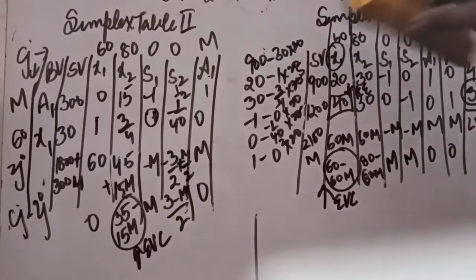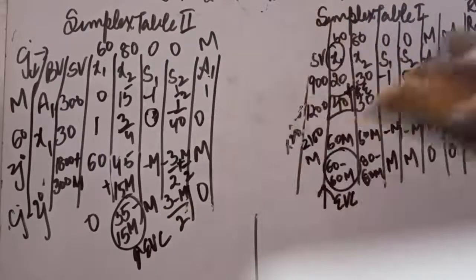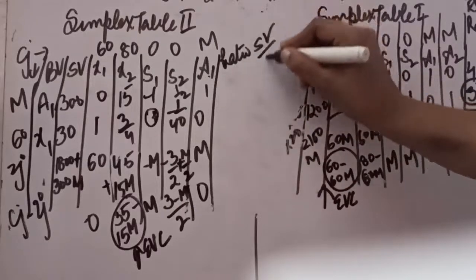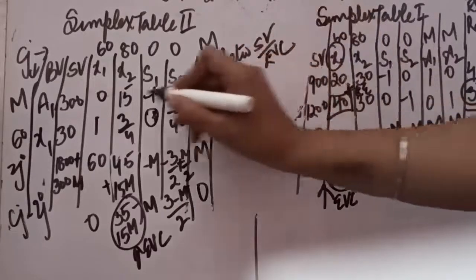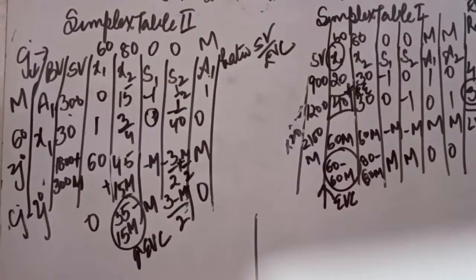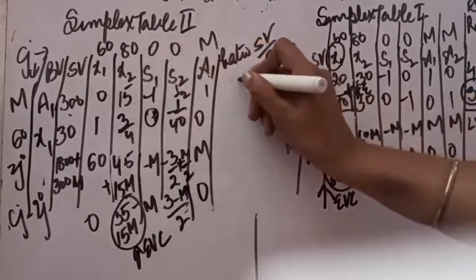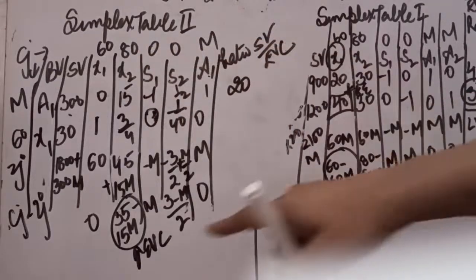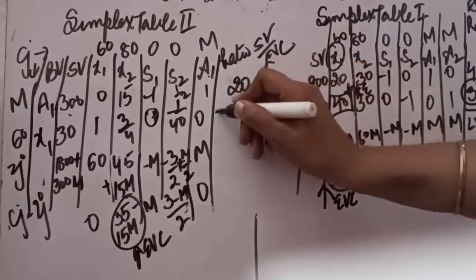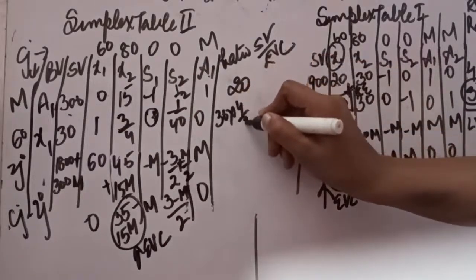Once we choose the entering variable column, the next task is to calculate the minimum ratio with the same formula, solution value divided by EVC. So in the first, solution value is 300 and EVC is 15. So 300 divided by 15, it will be 20. In the next, 30 divided by 3 upon 4. It means it will be 30 into 4 upon 3.